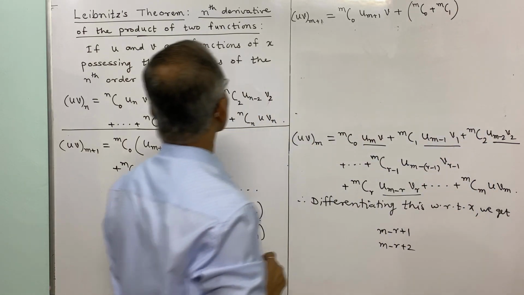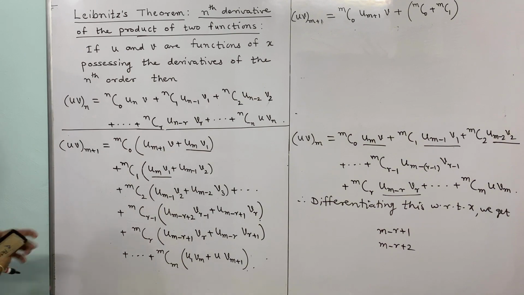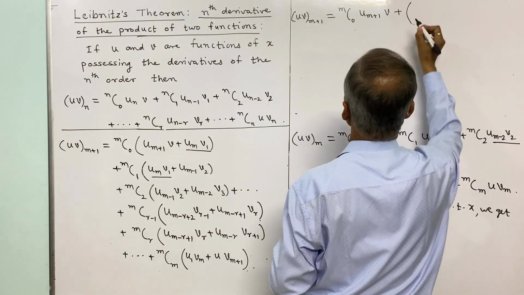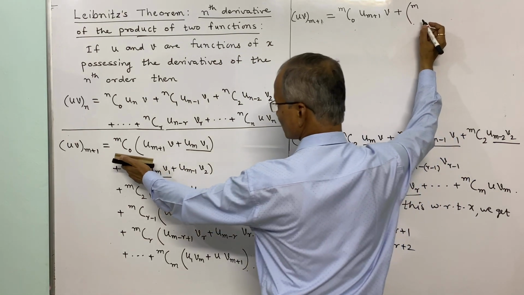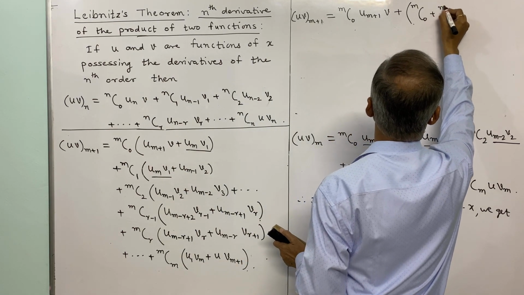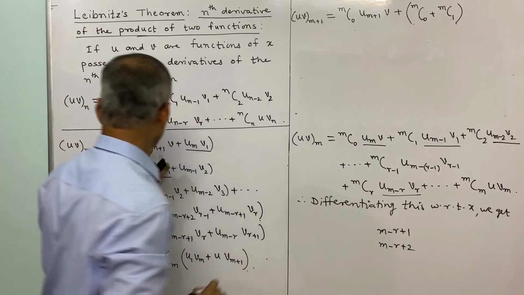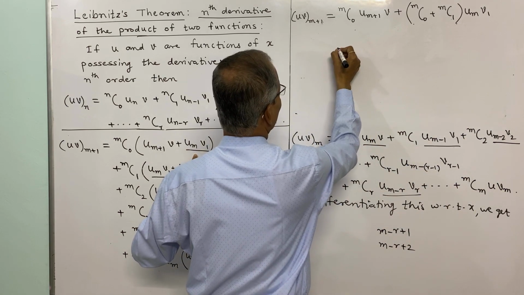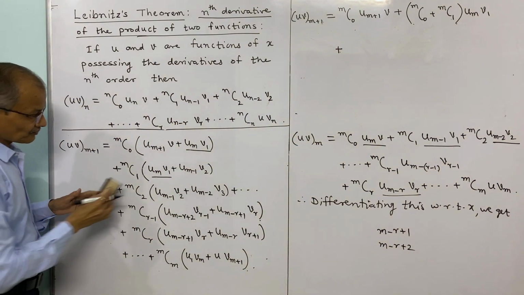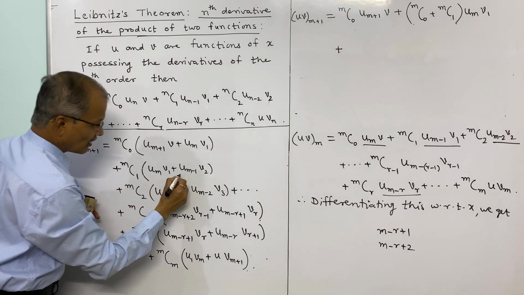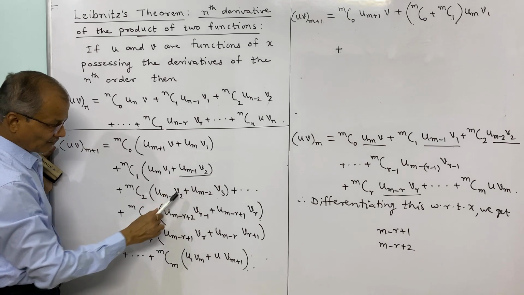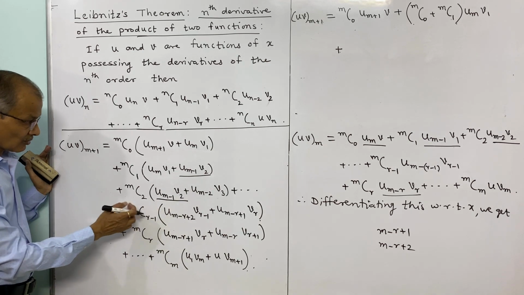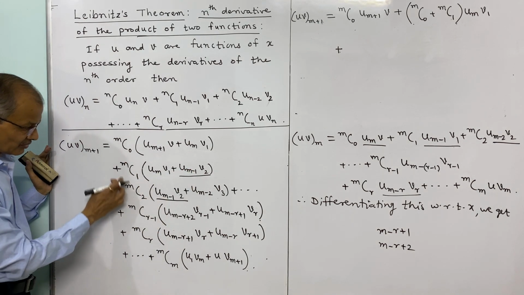And this term further, I shall write as: m choose 0 plus m choose 1 is common, and the mth derivative of u into v1, plus, now the next, you see these two terms, u m minus 1 v2 and again u m minus 1 v2 are the same. So again take this term common and write their coefficients in bracket.